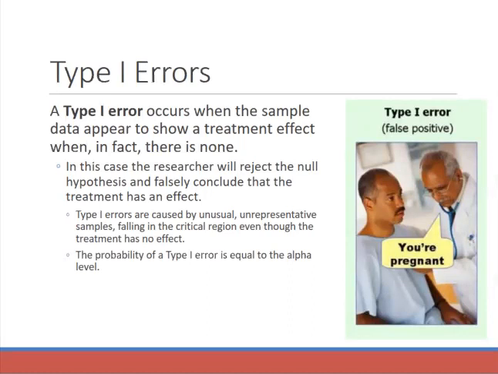There can be some pretty serious consequences for this, because the researcher concludes, publishes, and makes recommendations that there's an effect when actually there isn't an effect. So this becomes essentially an unintentional false report. But again, we set the likelihood for this, and this is alpha. And generally we say, okay, we're willing to allow for a very small 5% chance that maybe we accidentally say there's an effect when there's not really an effect.